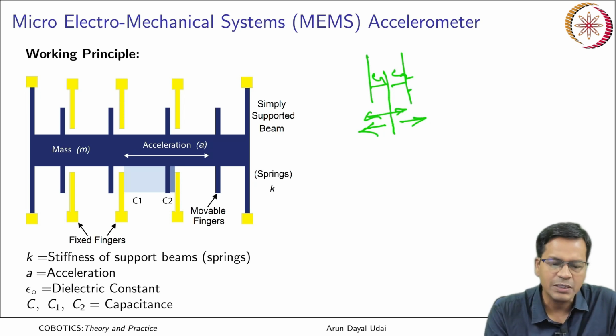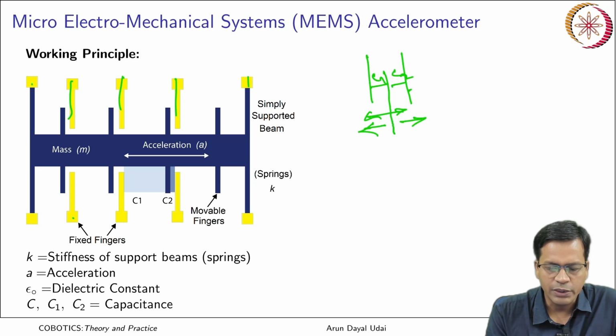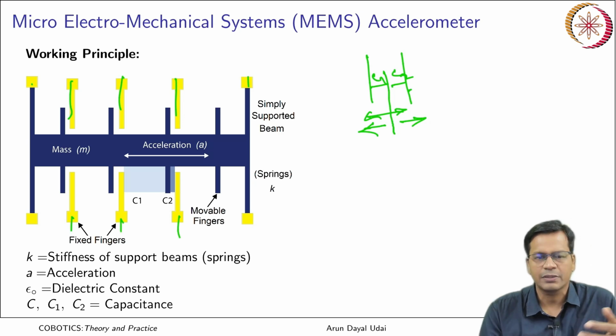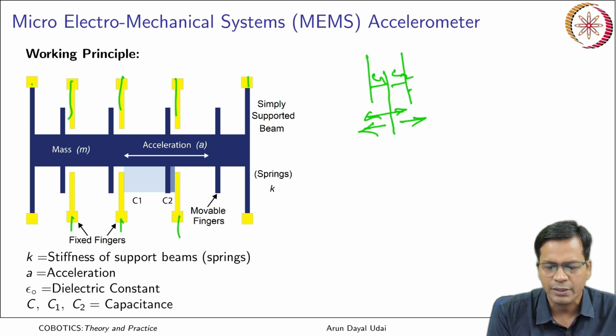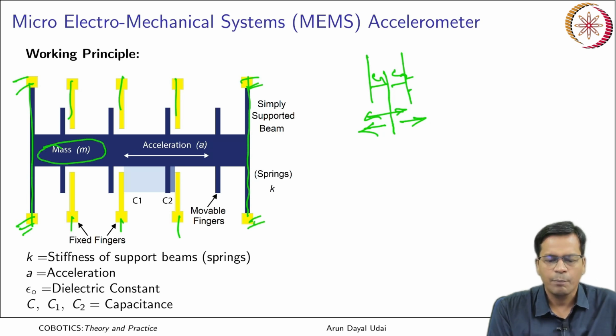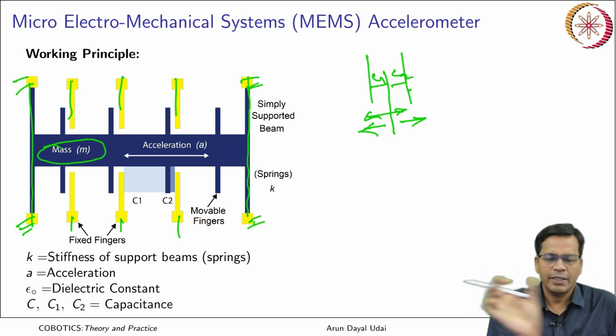So you have multiple such plates which are here. Okay, so yellow ones which are shown are the fixed fingers, they are like a comb. And you have the blue one which is shown here, that is on a simply supported beam, these beams are fixed over here, and now this mass which is here is a moving mass, that can oscillate.